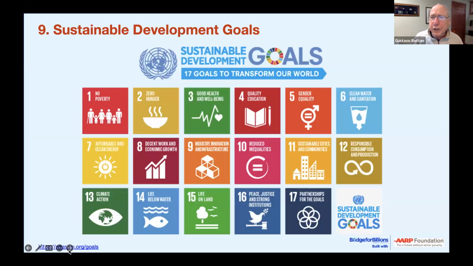They started to create things that were important for humanity to reach by the year 2000 and take care of certain things. That was too soon. Year 2000 came and went. But out of that effort, this was created. It's basically a framework of 17 systems or huge areas of sustainable development.